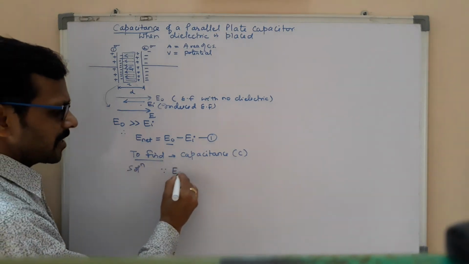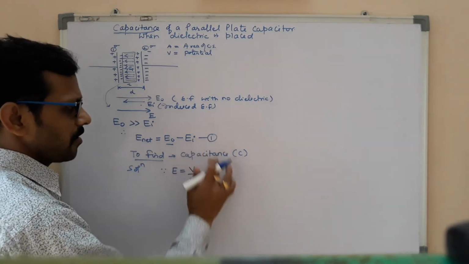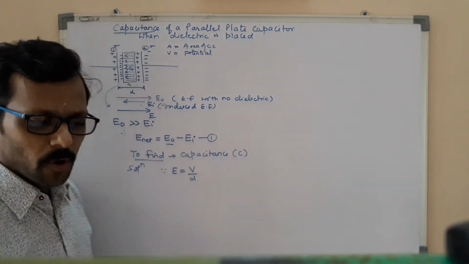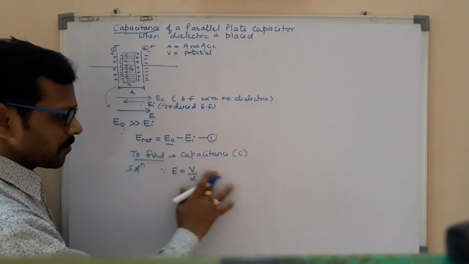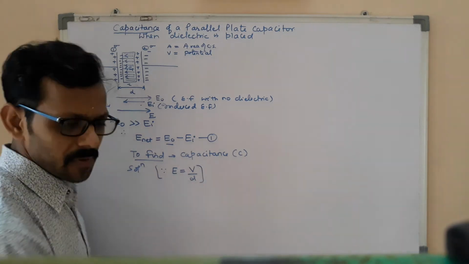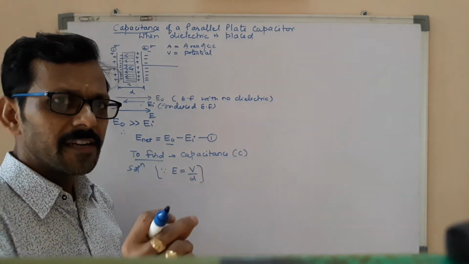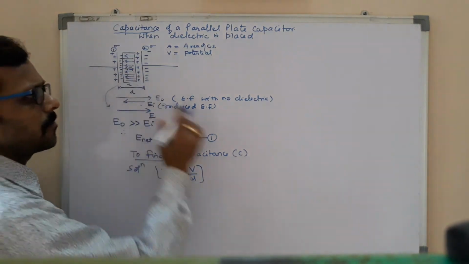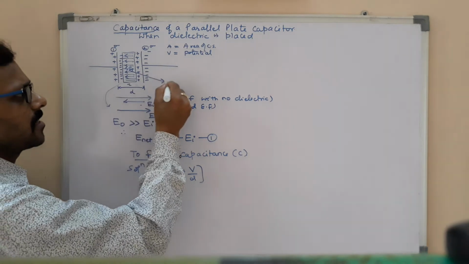Since the electric field and the potential are related by the relation E equals V upon D, using this concept, let me calculate the potential when no dielectric is there, meaning air is filled, and when we place the dielectric. This middle one is the dielectric.